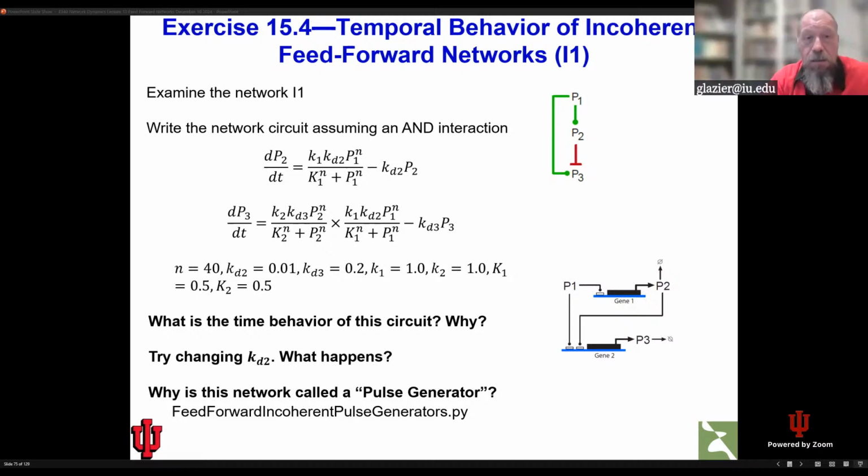And there's a hint at the end of the slide about what you might expect the temporal behavior to be.